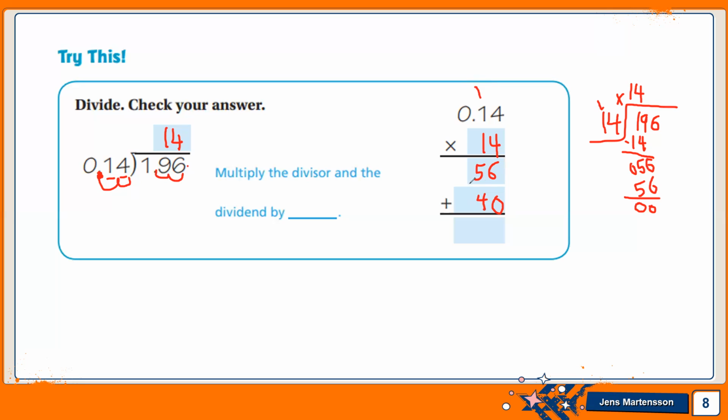And 1 times 1, 1. 6 plus 0. 5 plus 4. 1. Bravo. Then after how many digits you will put the decimal point? 2 digits. Bravo. So the answer will be 1.96. And as you see here, your answer is correct.